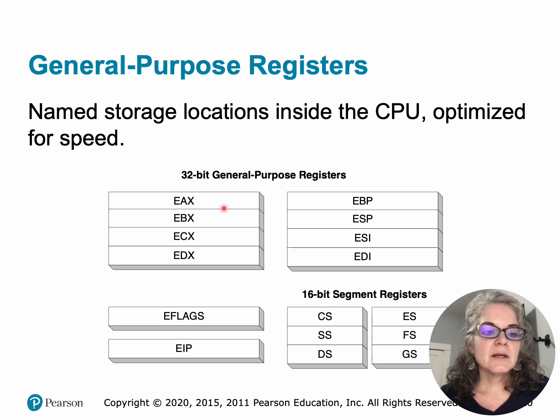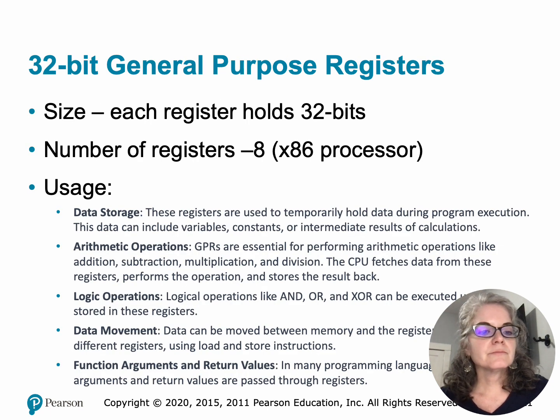In a 32-bit processor, we have 8 general purpose registers. Each register, because it's a 32-bit processor, holds 32 bits. There's 8 registers, and this is what they're used for.